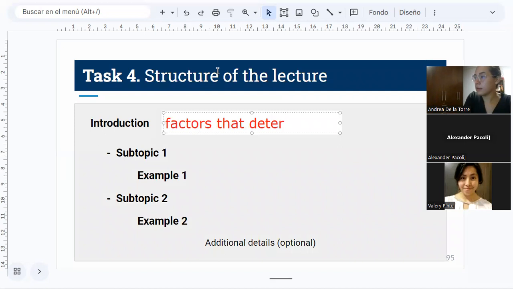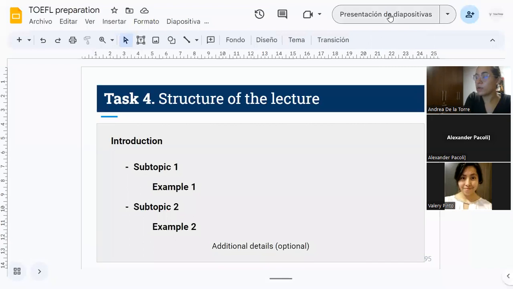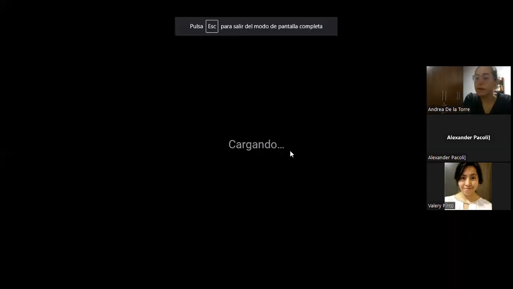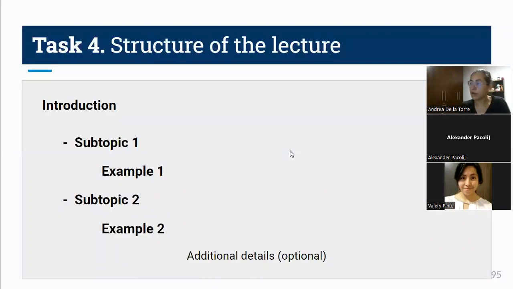Hang on, I'm gonna make this bigger. Perfect. I love that. So yes, the lecture is about factors that determine the quality of a product. Now, in the lecture, you might have noticed that before getting into the details, before getting into what the actual factors are, the professor gave a short introduction, right?